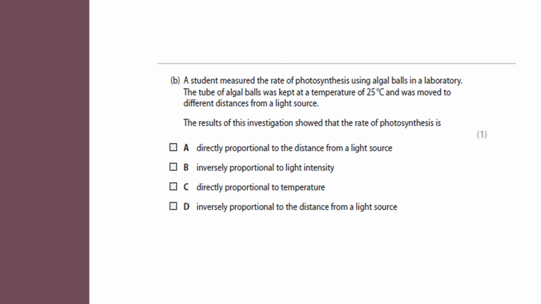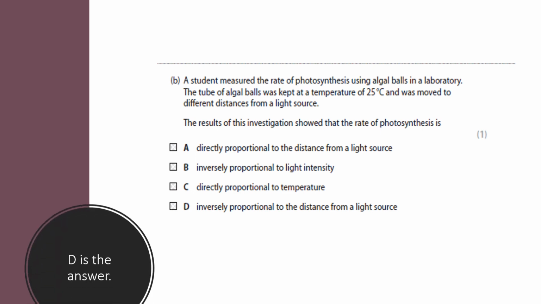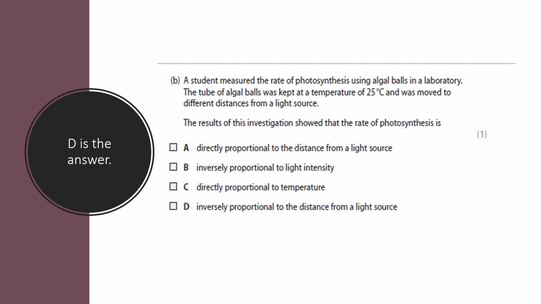The basic plan of the experiment is to test the effect on photosynthesis of different distances from the light source. Before we select the response, we have to be aware that the rate of photosynthesis is inversely proportional to the increasing distance. So we have to select responses A and D that are related to distances.